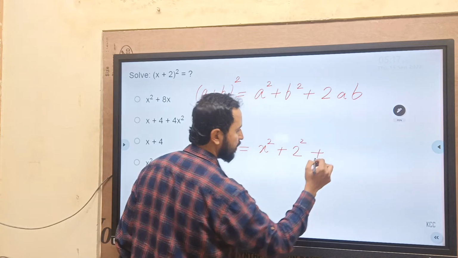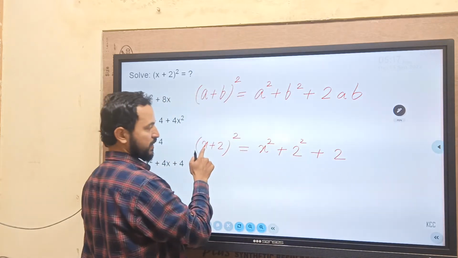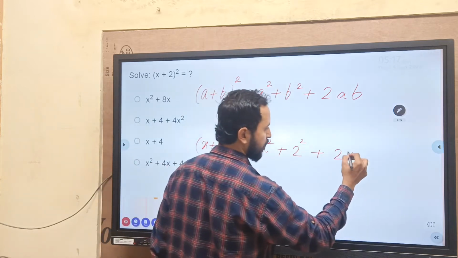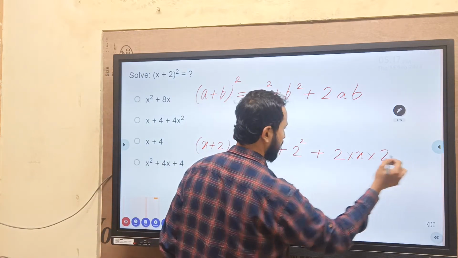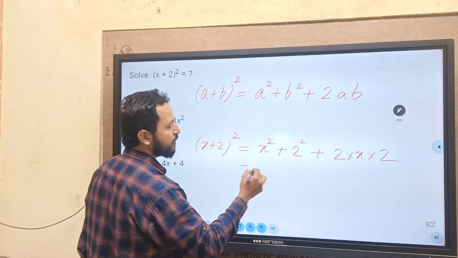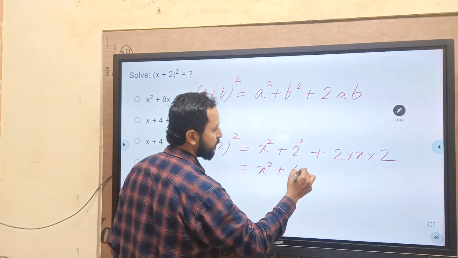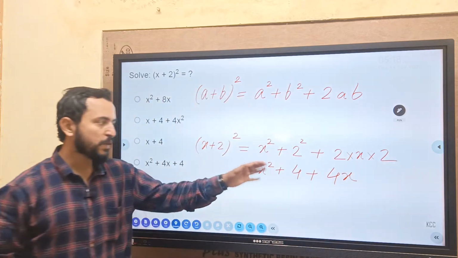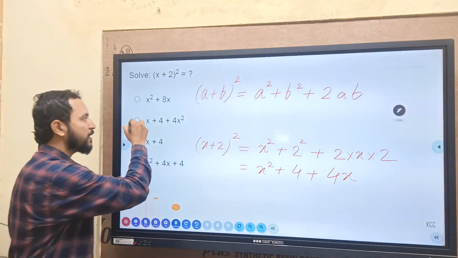Then 2 into first number into second number, 2 into x into 2. So how much is this becoming? It will become x square plus 4, 2 twos are 4, 4x. So x square plus 4 plus 4x, option B.